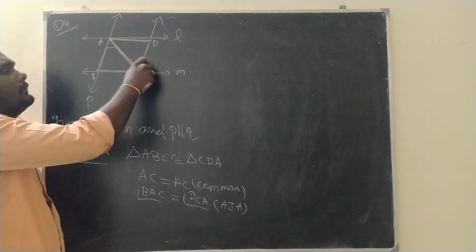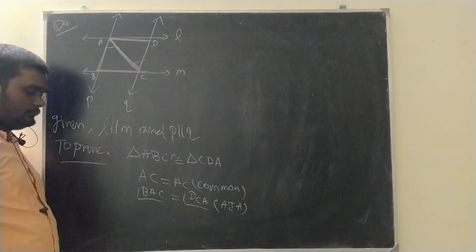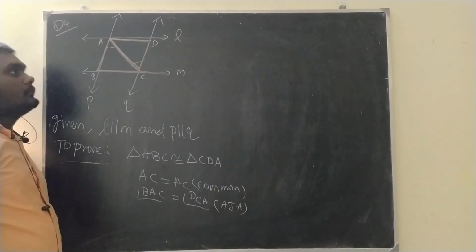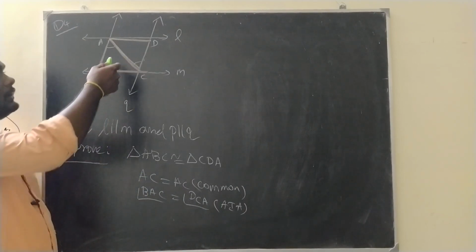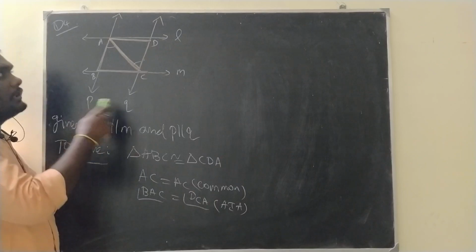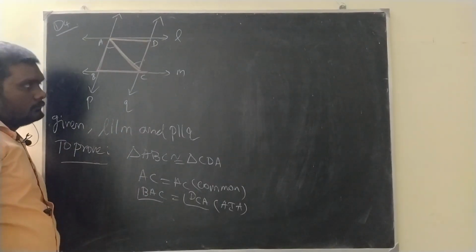You said these two are equal, and these two are equal is given by which congruency? Which parallel lines? PQ or LM? LM?